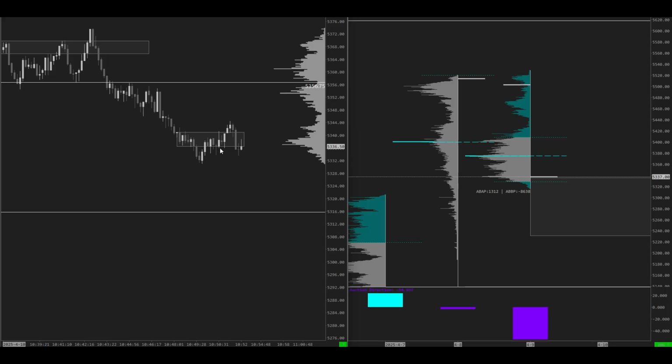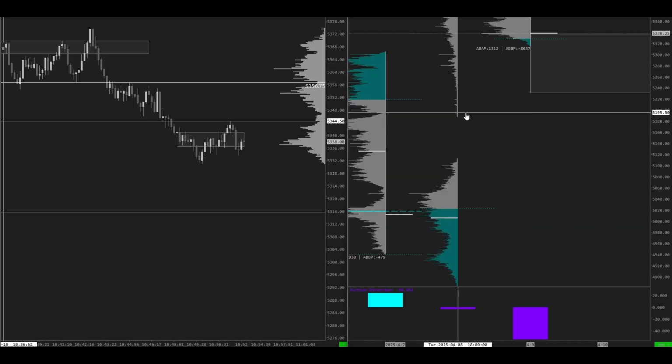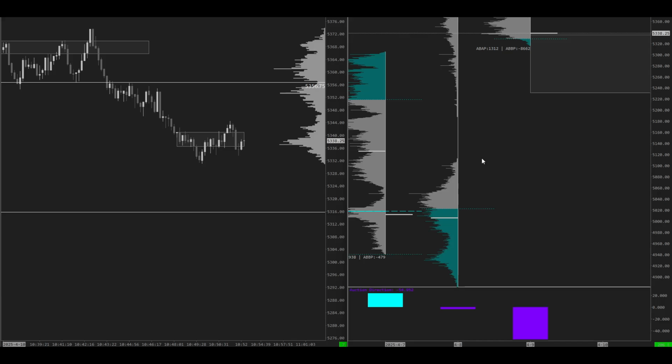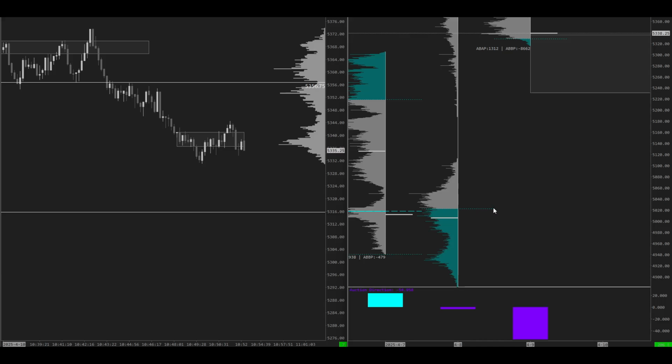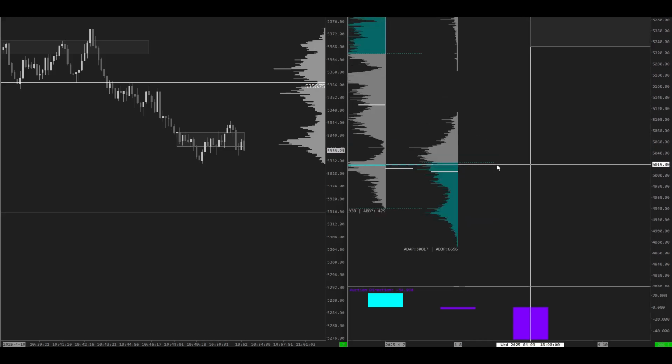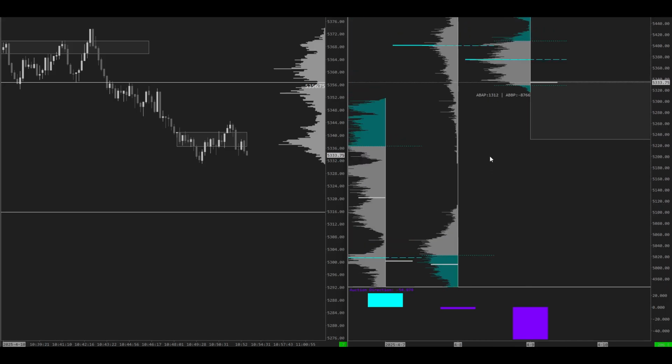They'll let everyone who is trying to buy it up here get flushed out and they'll load up lower, which could be down here or it could be way lower. It could be down in this area, or maybe even value area low. We never know.